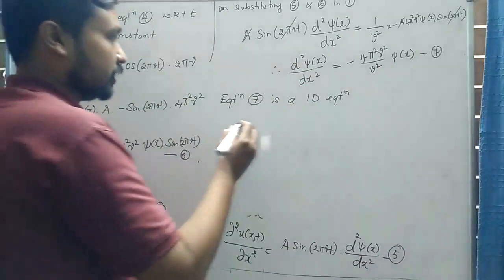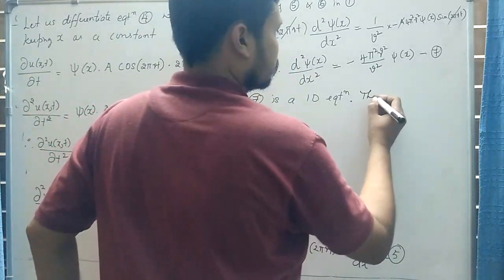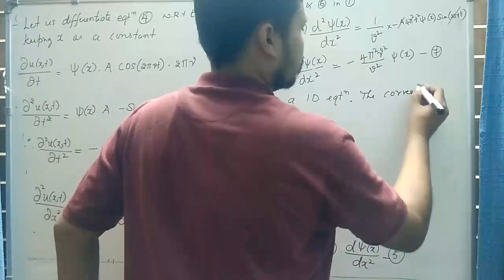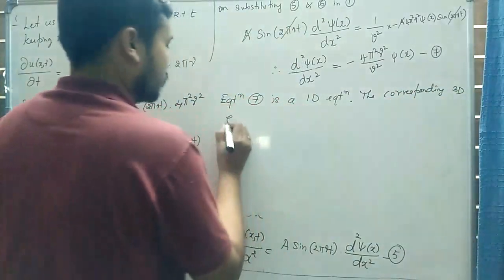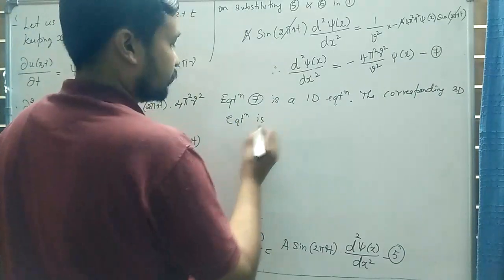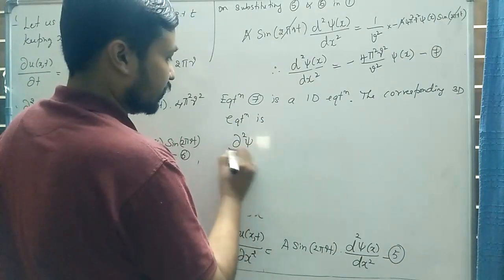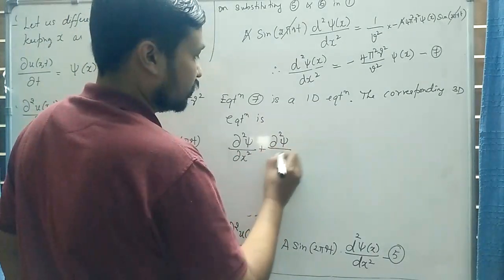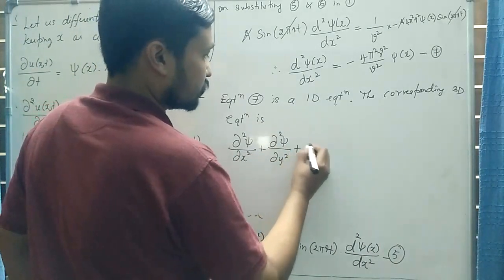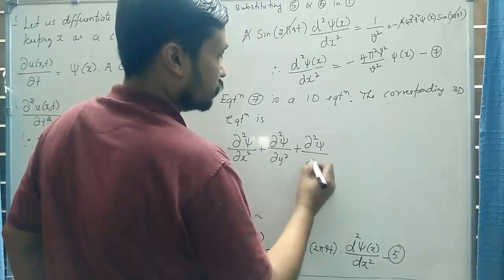So the corresponding three-dimensional equation is dou square psi by dou x square plus dou square psi by dou y square plus dou square psi by dou z square.